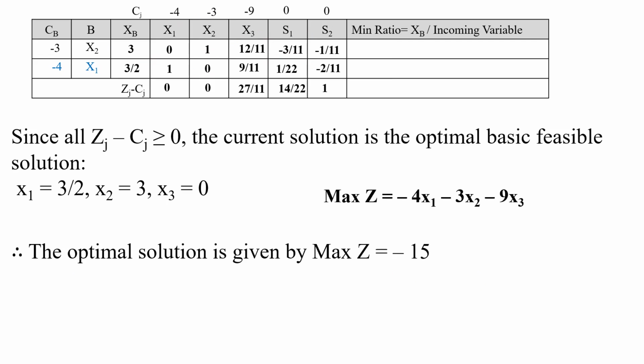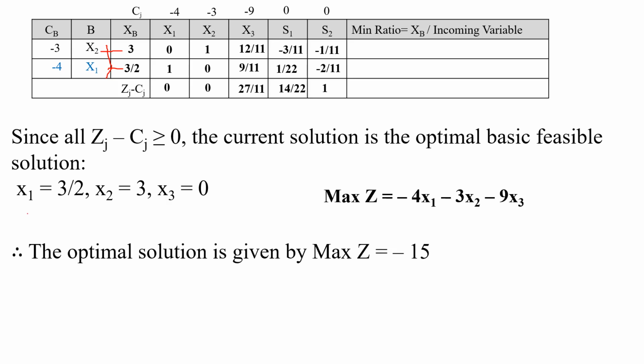So since all Zj minus Cj values are greater than or equal to 0, the current solution we call the optimal basic feasible solution. At the optimal basic feasible solution, in the basis x1 and x2 are there, so x1 value is 3 by 2 and x2 value is 3, and in the basis there is no x3, so x3 value is 0.